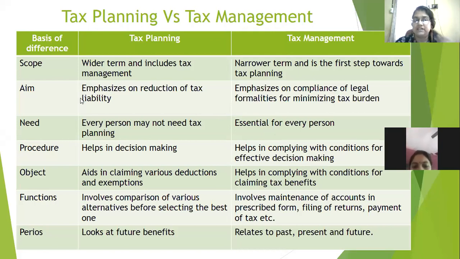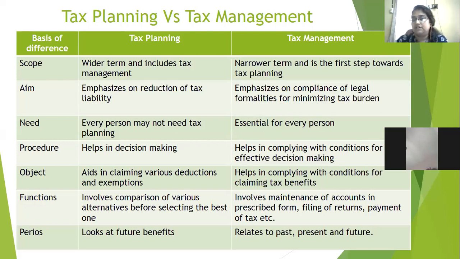Now, not every person may need tax planning. It may be that I have income which is exempted, so I need not pay tax, or I do not have taxable income. Whereas tax management is essential for every person. Suppose my gross total income comes to 3,50,000 or 4 lakh.